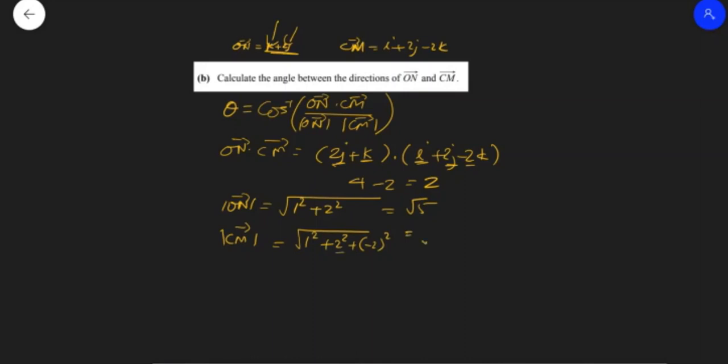Square root 9 is 3. Alright, now let's put everything into the formula. Cos inverse 2 over square root 5 times 3. If we put this in our calculator, we get 72.7 degrees.